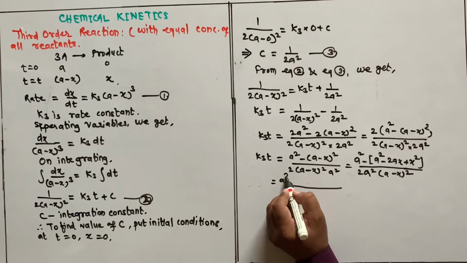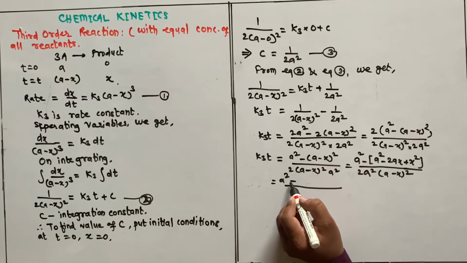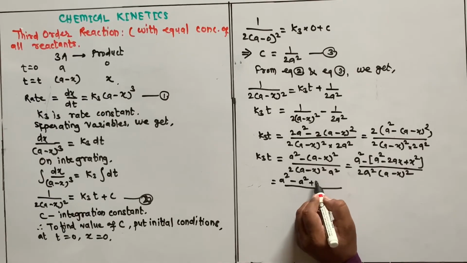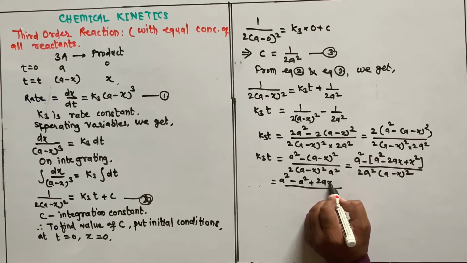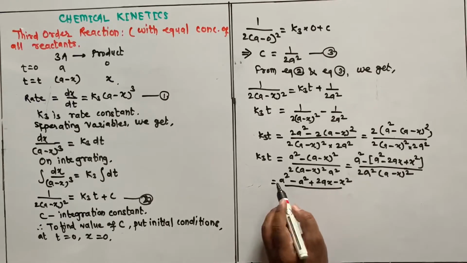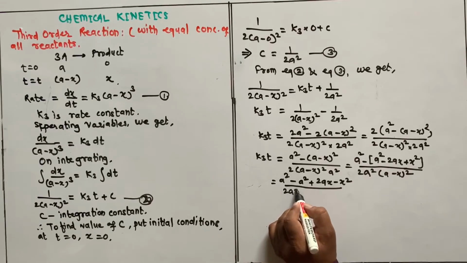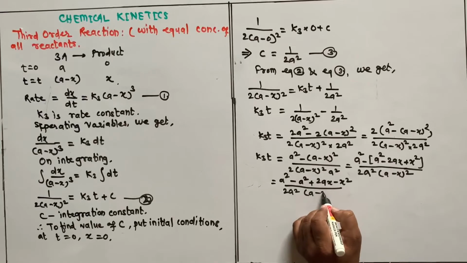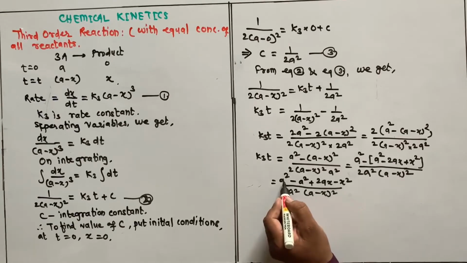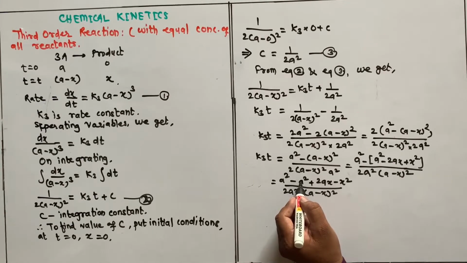Then it becomes a square minus a square plus 2ax minus x square divided by 2a square into (a minus x) square. This a square and minus a square are cancelled.